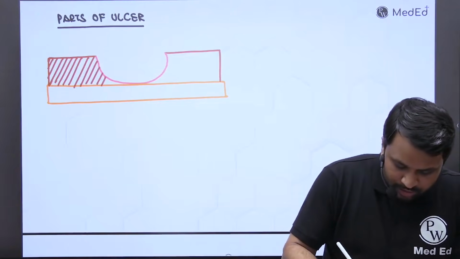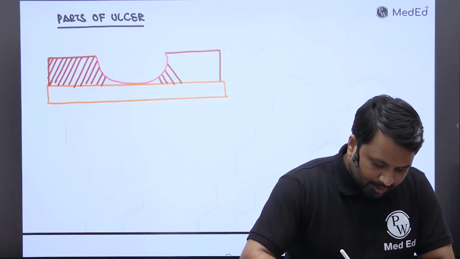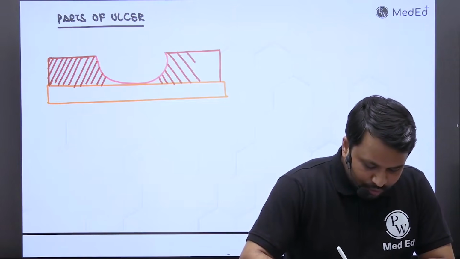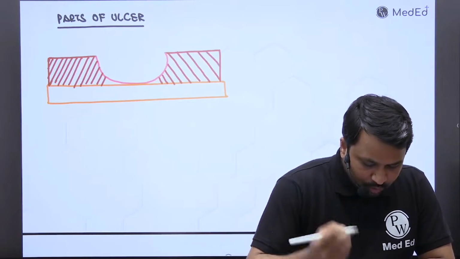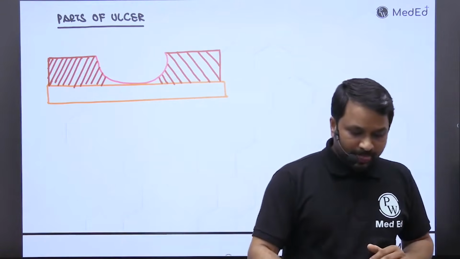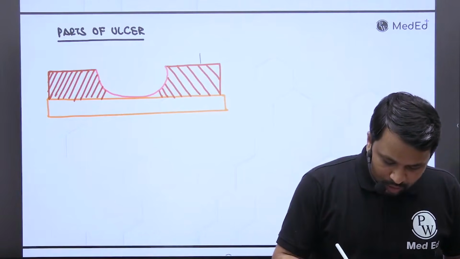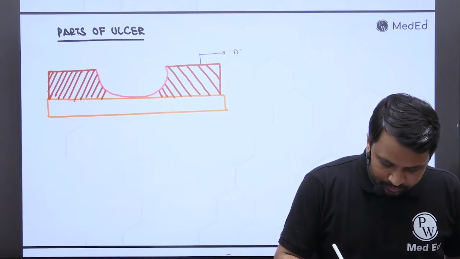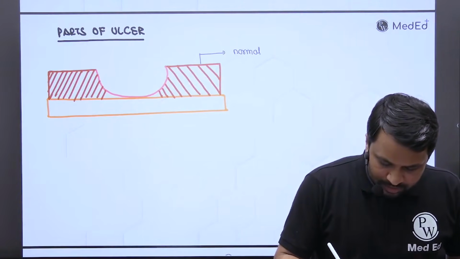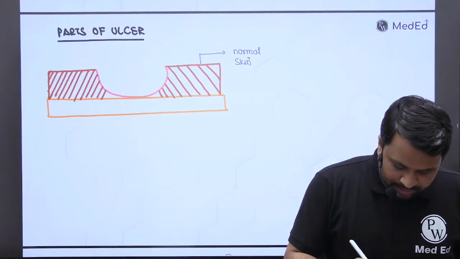Remember, you need to learn how to draw stick diagrams, which is going to be very important and handy in the exam as well. Because if you draw neatly and if you draw well, all your explanation is going to be covered there and then itself, right? Now, what are the parts of the ulcer? When you look at this, this is the normal skin that you have, and this portion that you're seeing is the ulcer.